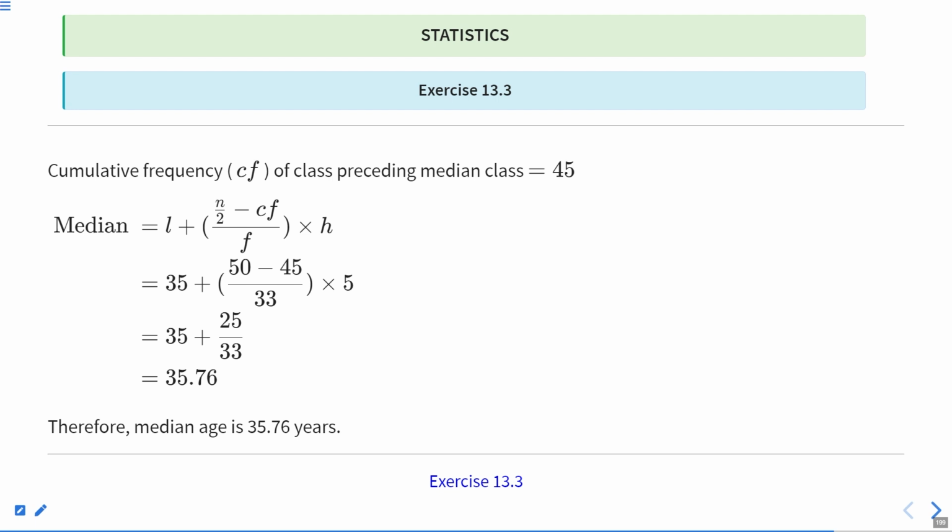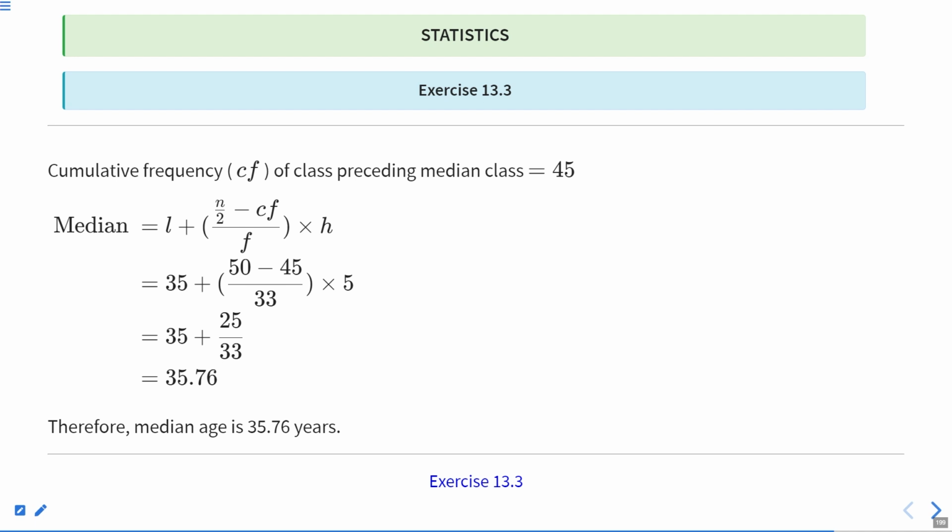Now if we substitute these values in the formula for the median, median is equal to L plus (N by 2 minus CF) divided by f times h.